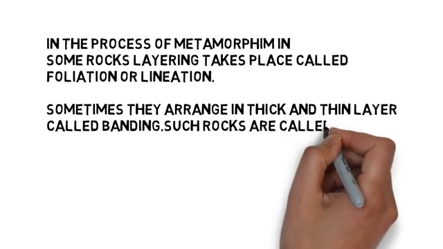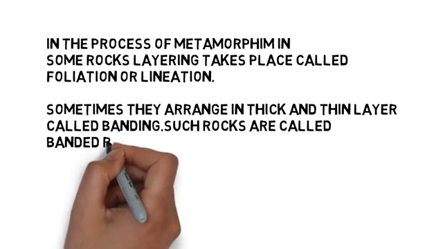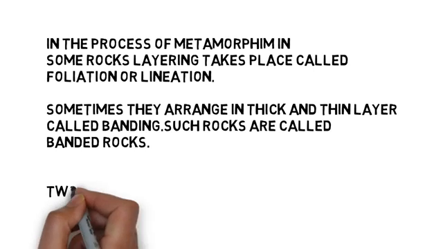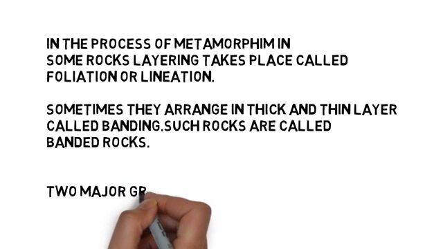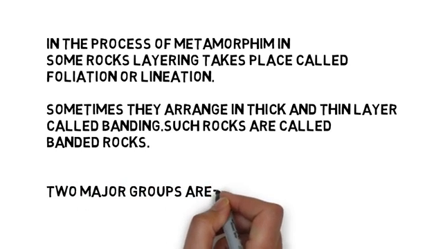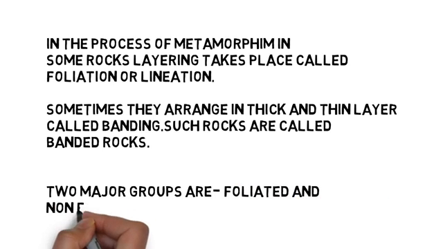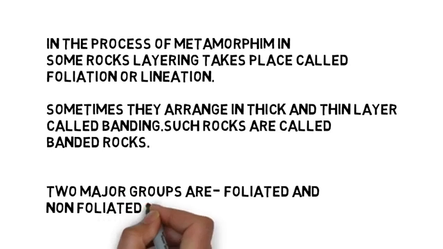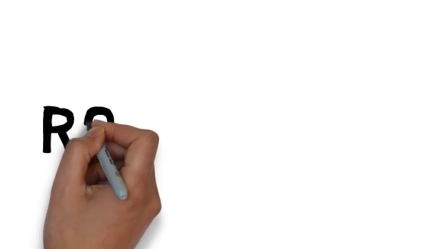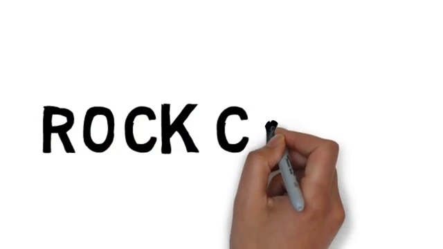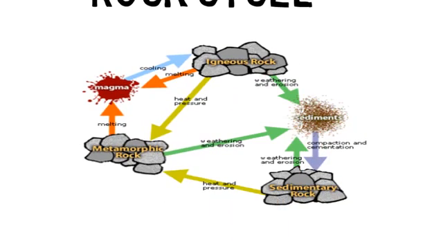As we can see, metamorphic rock is formed from both igneous rock and sedimentary rock, which means that rocks do not remain in their original form for long but may undergo transformation. And this brings us to the topic of the rock cycle. The rock cycle can simply be understood from this image.